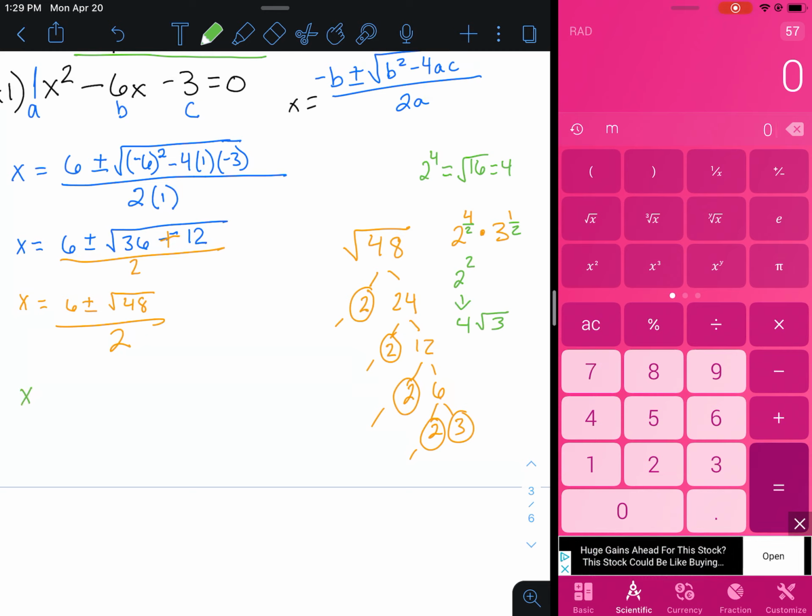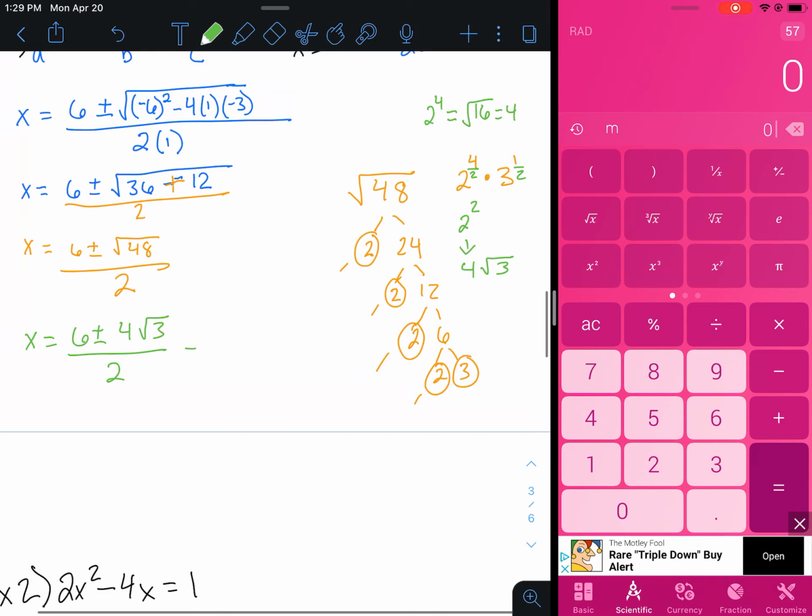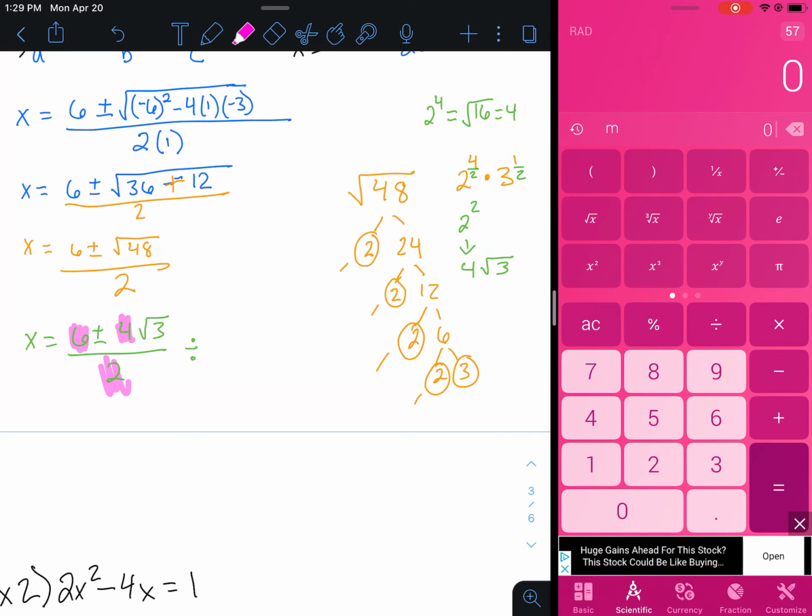Okay. Now, when I go back, my answer is going to be 6 plus or minus 4 square root of 3 all over 2. Well, this is going to be a little simpler because I now know that 2 can go into both 6, 4, and 2.